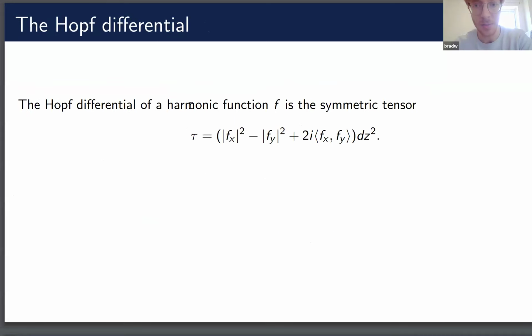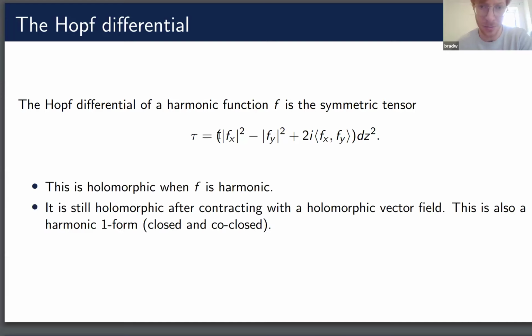Okay. So let's start by proving a little identity, which we'll need. We're going to define this thing called a Hopf differential, which is, if f is a harmonic function, a holomorphic 2-0 tensor. And this dz squared is like dz tensor dz, not dz wedge dz.